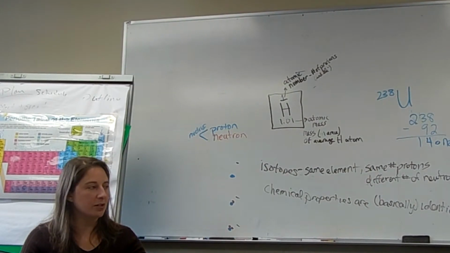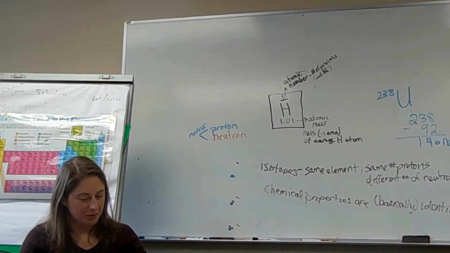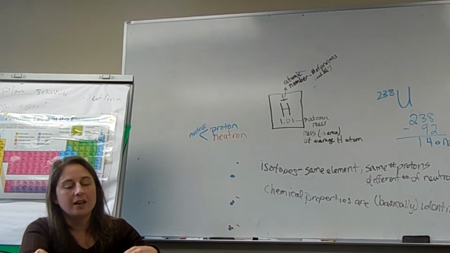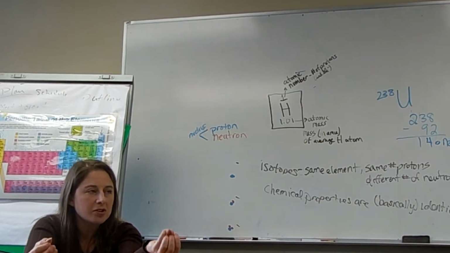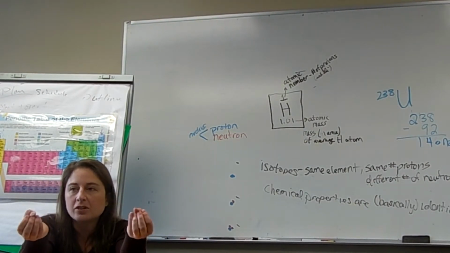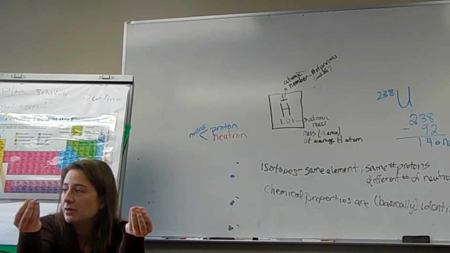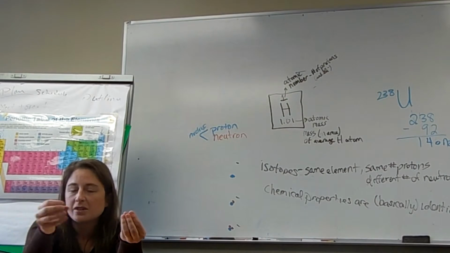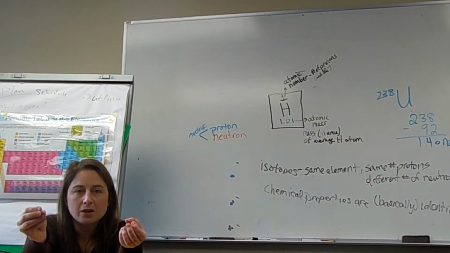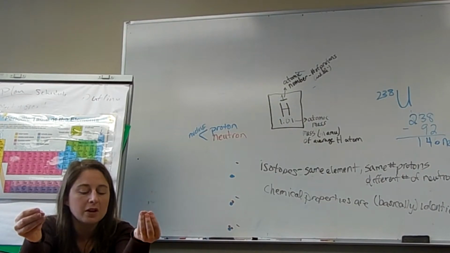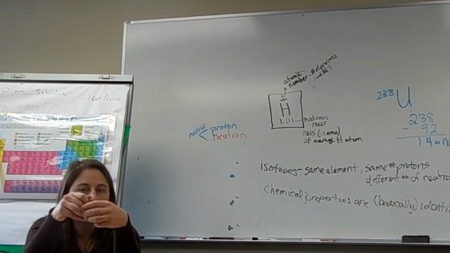And the charge on a neutron? Neutral. And the charge on an electron? Negative. And if you compare the charge on a proton with the charge on an electron, they cancel each other out. Okay, so they're exactly equal, even though their charges are opposite. So as much negative as an electron's charge is, the proton is exactly that much positive. So if you have one of each, they cancel each other out.